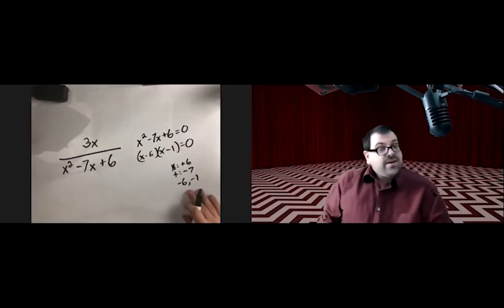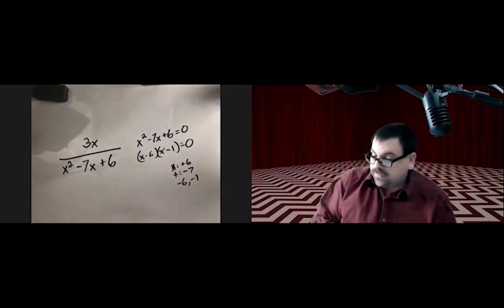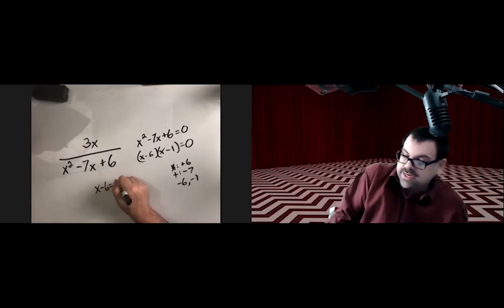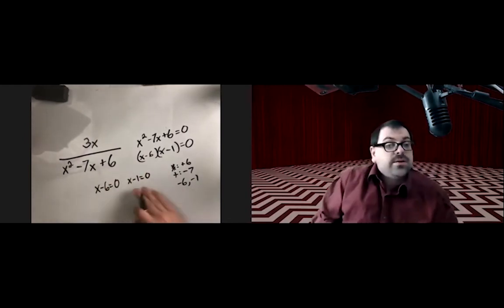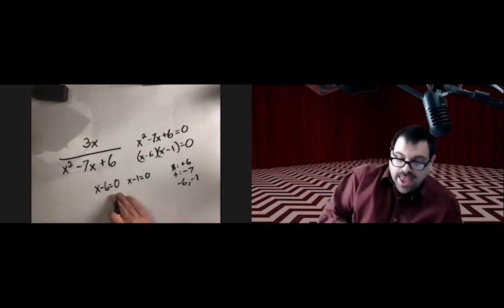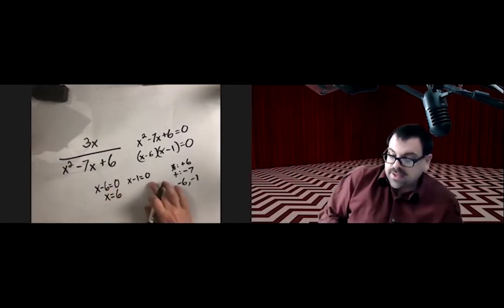Those aren't the restricted values. Those are the numbers we're using to factor. Go ahead and take each factor and set it equal to 0. X minus 6 equals 0. X minus 1 equals 0. Add 6 to both sides, we get x equals 6.